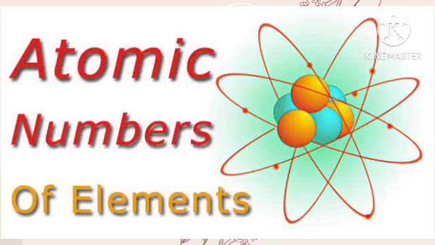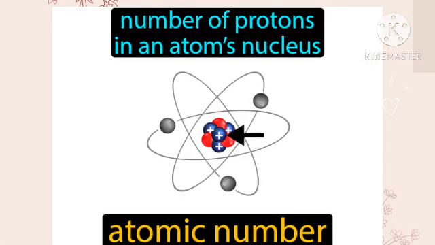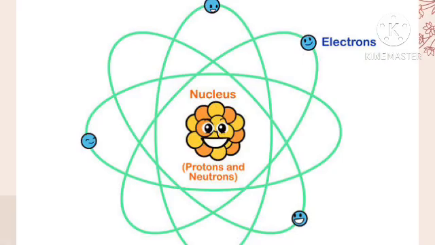Now let us look at the meaning of atomic number. Atomic number is the number of protons in the nucleus of the atom. Remember that the nucleus has particles which are protons and neutrons.